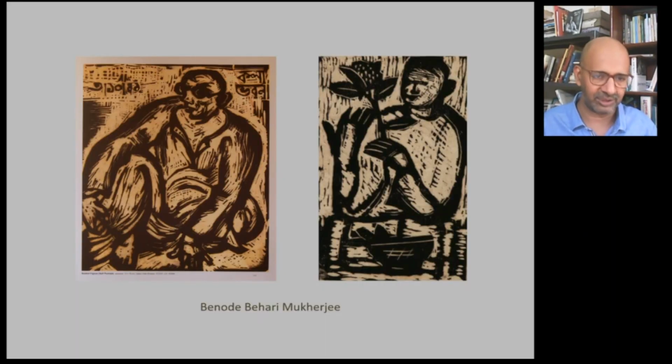Even Binod Bihari Mukherjee, for that matter, though subject matters, not for Tagore, but for Binod Bihari Mukherjee and Ram Kinkar, could be something very real. But instead of going for a realistic representation, they create slightly imaginative figures, and that is the point when figuration begins to emerge as a new form of expression.